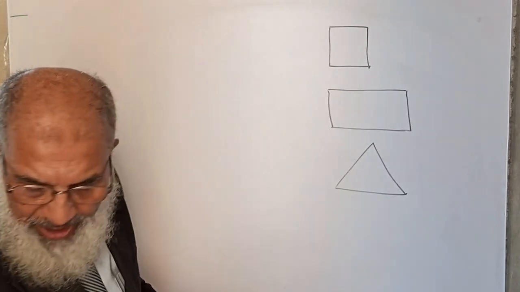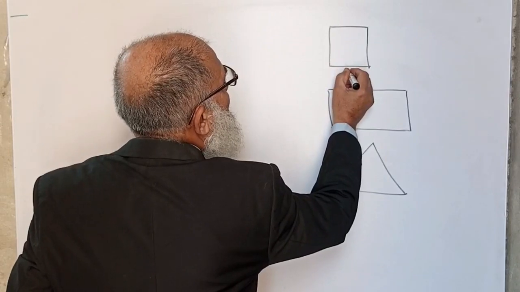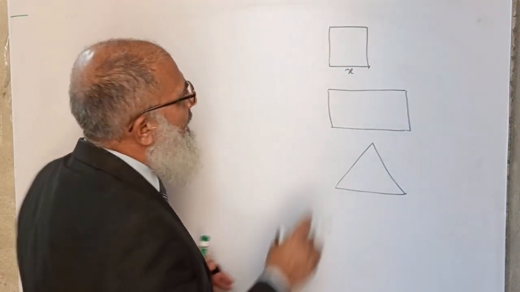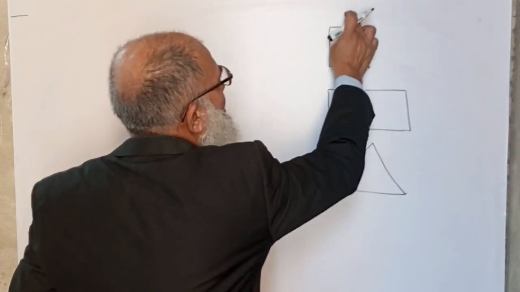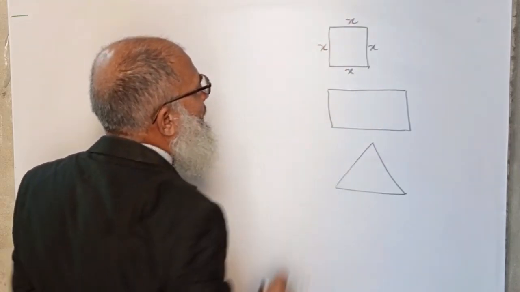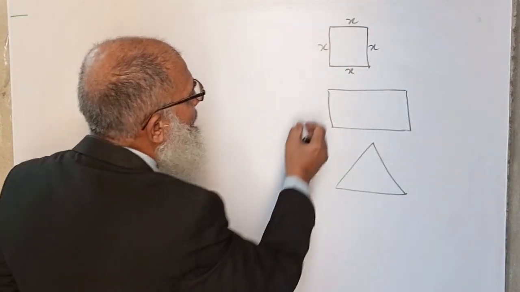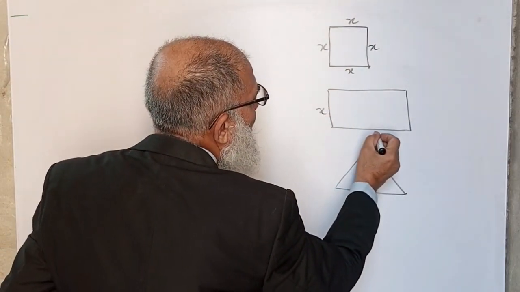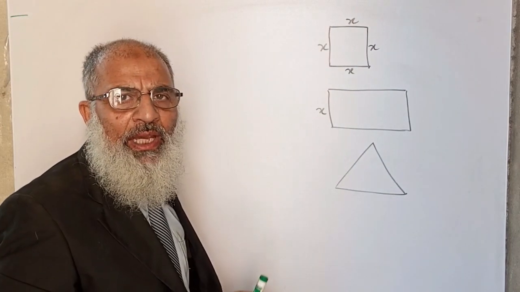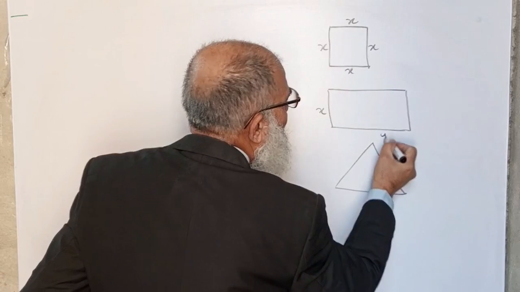Now the side of the square is x. When one side of a square is x, that means all sides of the square are x, because every side is equal to the other. For the rectangle, if this is x, then this will be assigned another variable, maybe y.